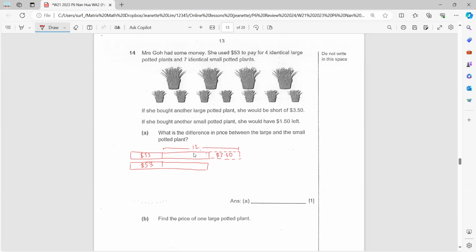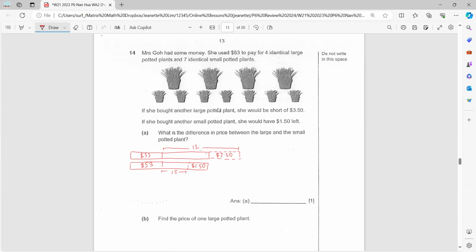Then second scenario, she would have 150 left. 150 is part of what she has, right? It's part of her money. So this time I will cut out from her money and then mark out the 150. That is not what she needs. This 150 is not what she needs if she were to get another small potted plant. So this is for one small.